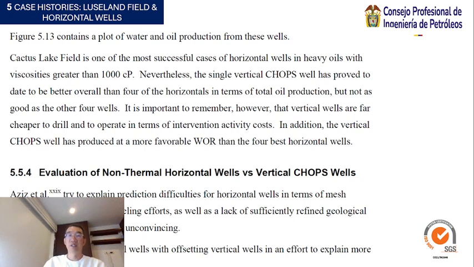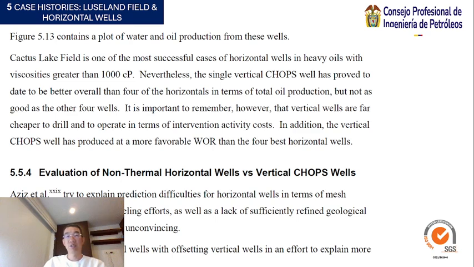Nevertheless, the single vertical CHOPS well has proved to date to be better overall than 4 of the horizontal wells in terms of total oil production, but not as good as the other 4 wells.